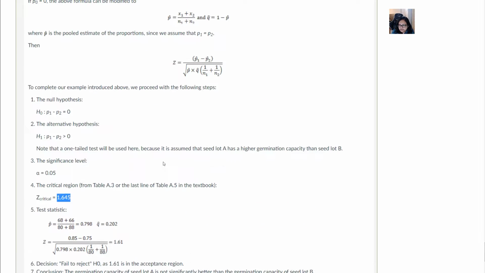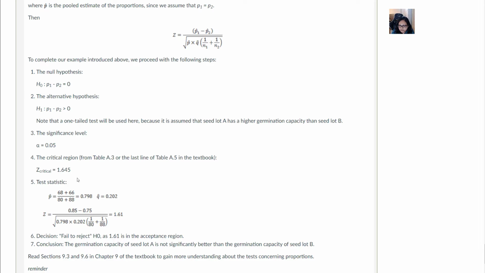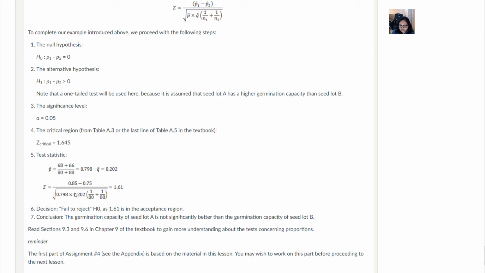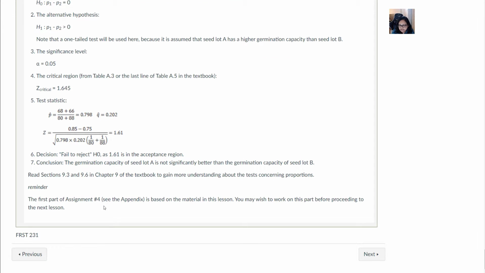So you don't need to think about it critically. If the question gives two proportions, you can just take the difference between the two proportions in the sample and in the population, and then use the standard error of them. There are some examples given in the textbook. You can follow that, and then compare the value you found with the critical value from the Z table.